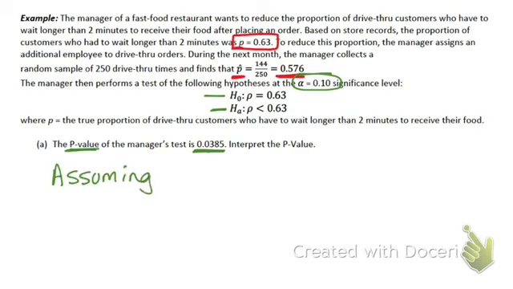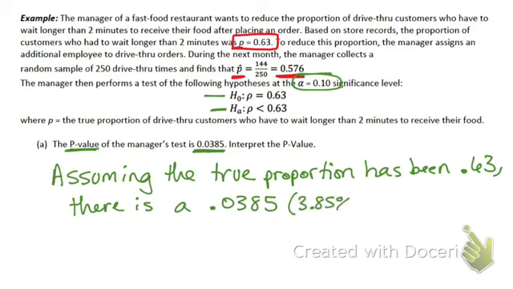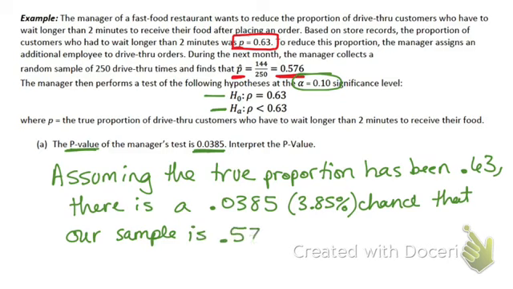Assuming the true proportion has been 0.63, there is a 0.0385, basically a 3.85% chance that our sample is 0.576 or less due to sampling variability.